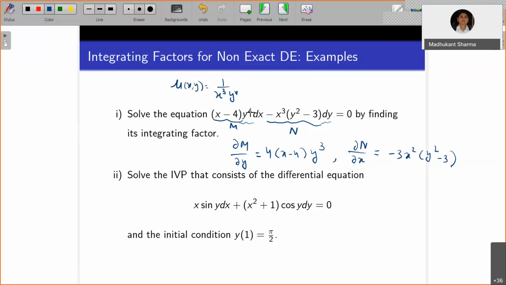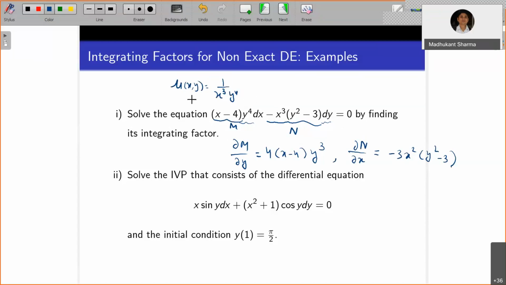Why? Because the dx coefficient has some function of y sitting with it that I'm bringing here, and the dy coefficient is a function of x, which is easy to remove. The result is a function of x here and a function of y there only, and then ∂M/∂y and ∂N/∂x in the resulting equation become 0. So this is by intuition, by guessing.